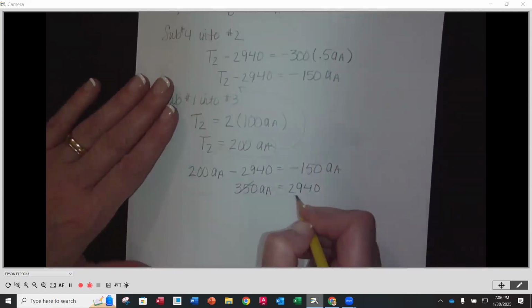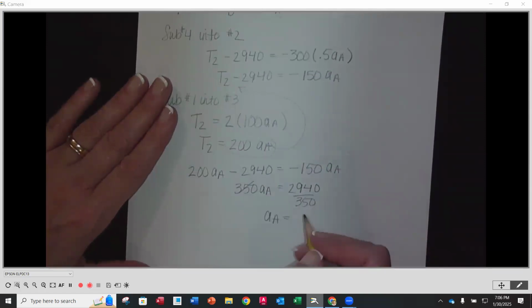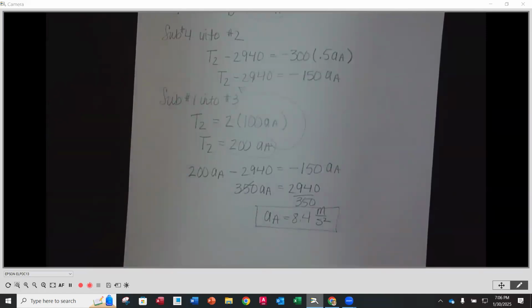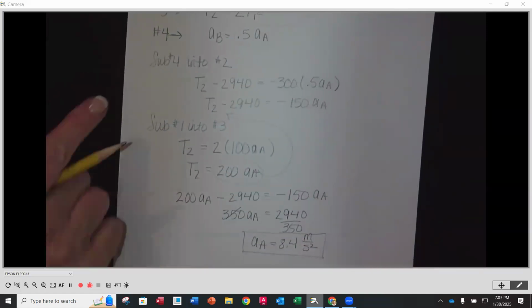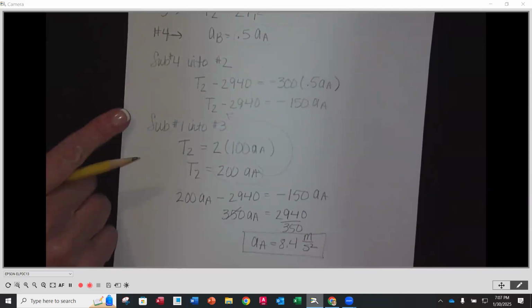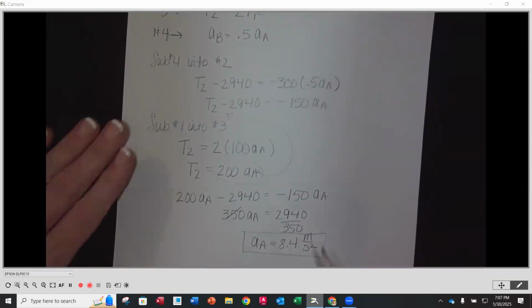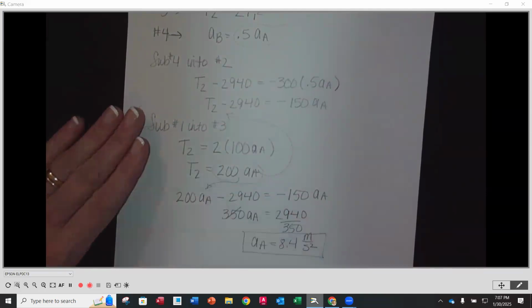Dividing both sides by 350, acceleration of A is going to be 8.4 meters per second squared. So good. I'm going to give you a second to catch up to that. All right. And then substituting back in, this is our T2.